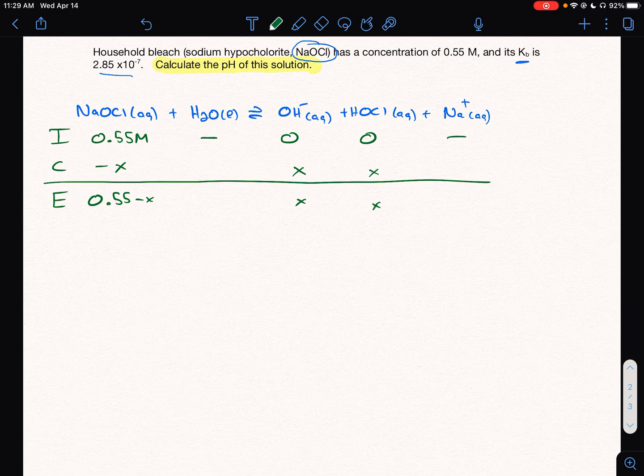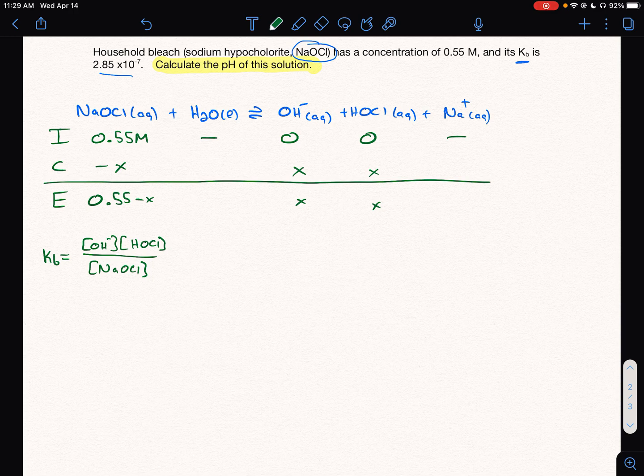And now we can set up our Kb expression. We know Kb is equal to our concentration of hydroxide times the concentration of HOCl divided by the concentration of NaOCl.